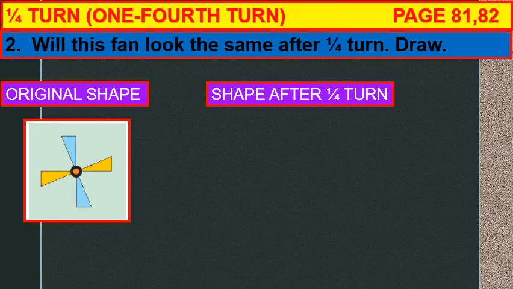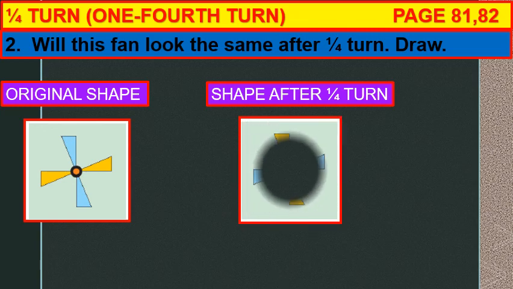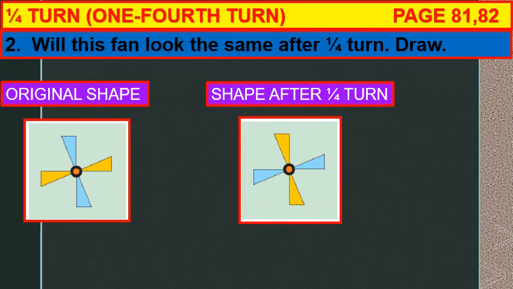Will this fan also look the same after a 1/4 turn? First, let us give a 1/4 turn to this fan. Now we can see that due to the different color scheme, the original fan and the fan after a 1/4 turn do not look the same.